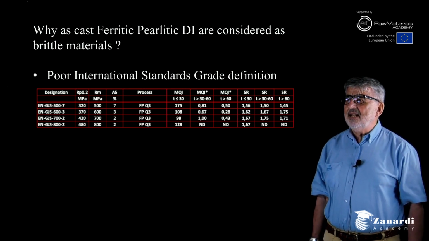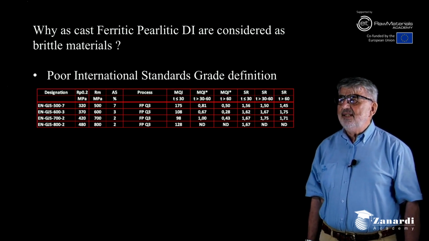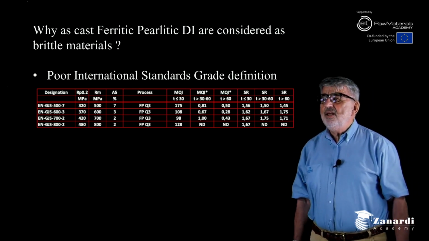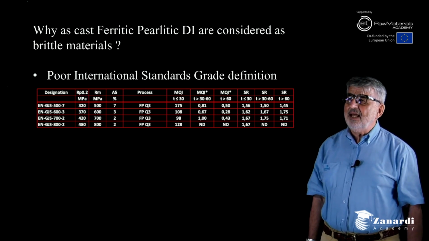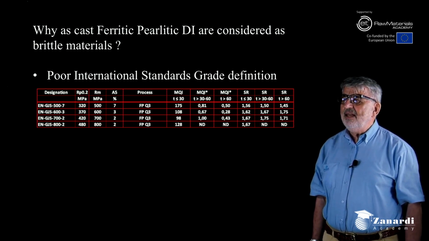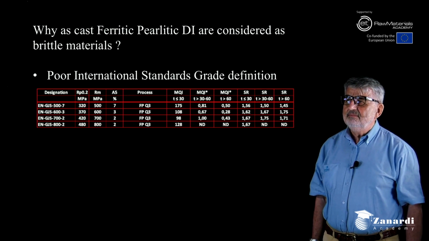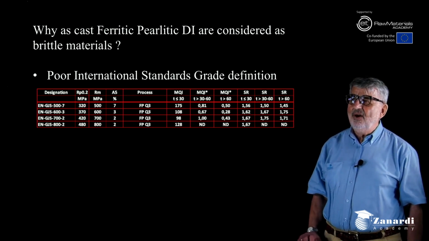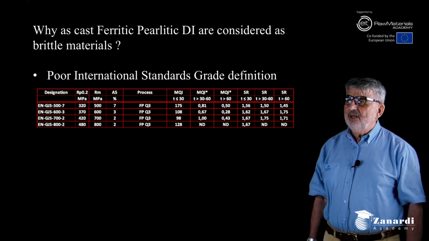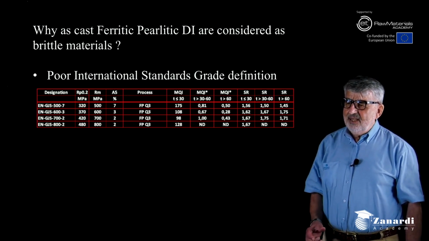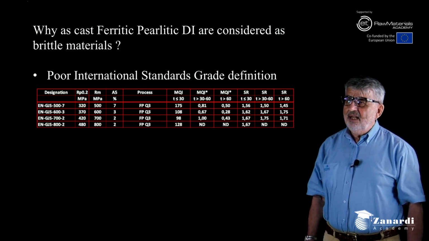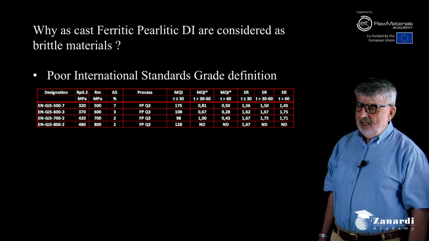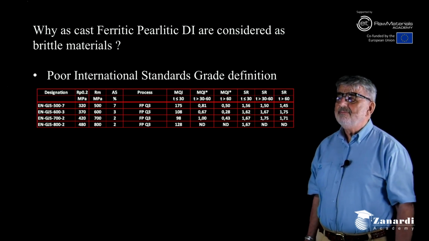So a designer that is looking at the international standard grade definition can use as a semi-ductile material only the 500-7, in the wall thickness where the 7 can be guaranteed, because when the thickness increases, the elongation decreases because of segregations.